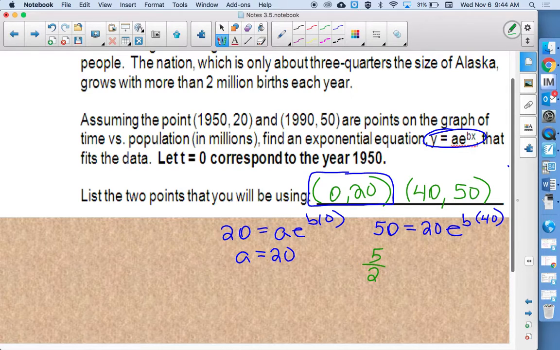So I have 5 halves, it's a nice color to write in. 5 halves equals e to the 40b.